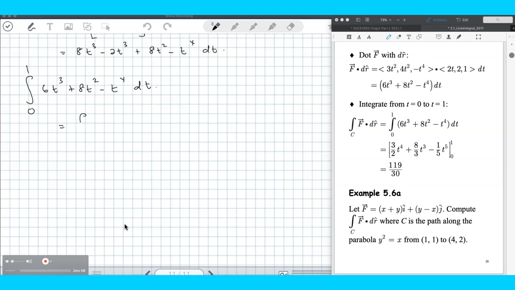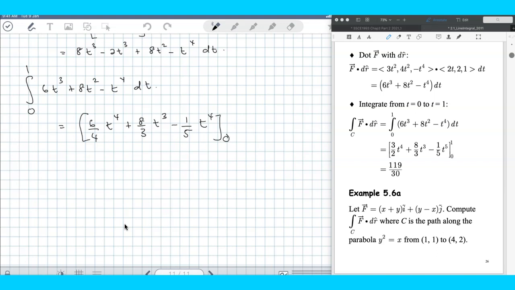So when we integrate, you will get 6 over 4 t to the 4, plus 8 over 3 t cubed, minus 1 over 5 t to the 5, from 0 to 1. So 6 over 4, plus 8 over 3, minus 1 over 5.